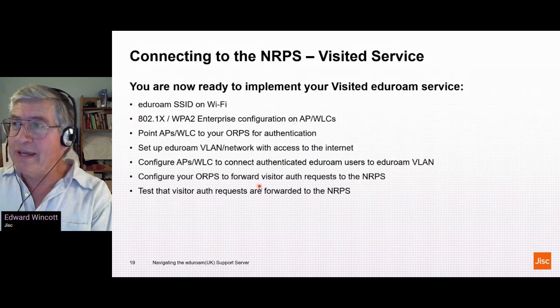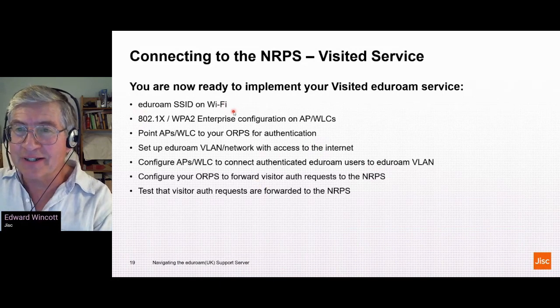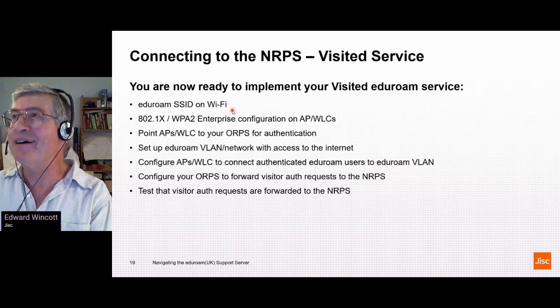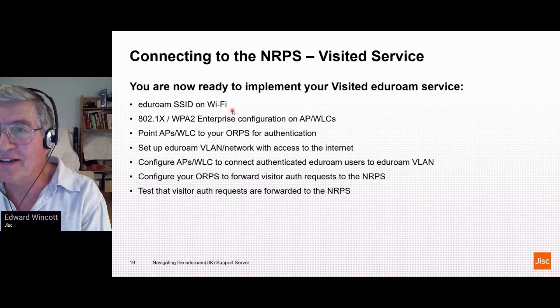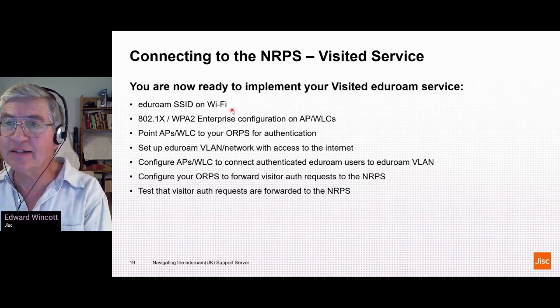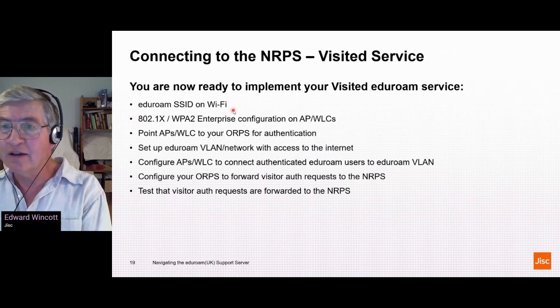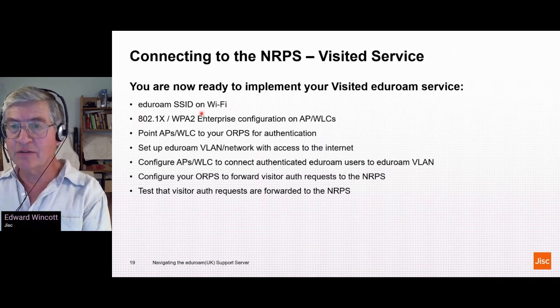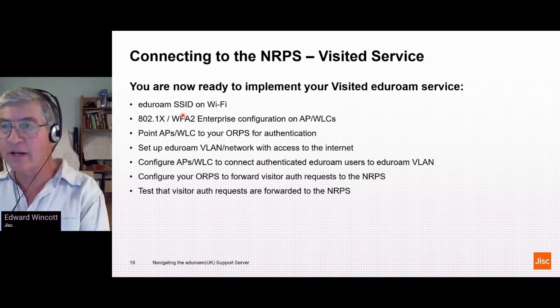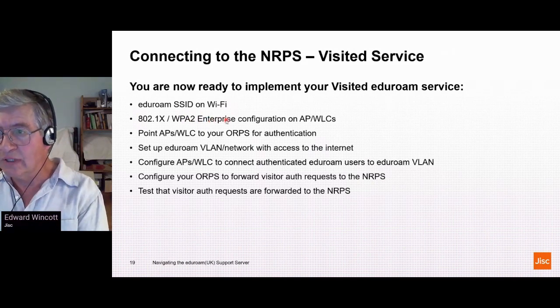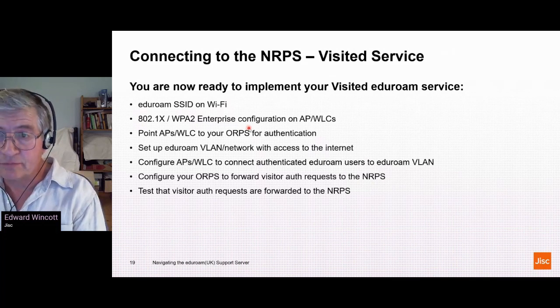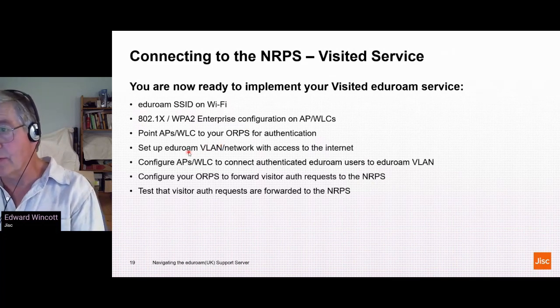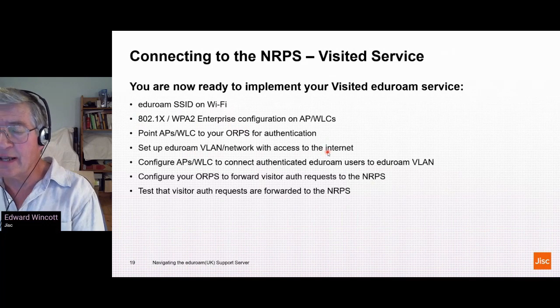Then you will be able to do all the hard work, which is to set up eduroam on your site. So this is the SSID on your Wi-Fi. You need to configure that to support 802.1x. You need to point authentications to your ARPS. You set up your eduroam VLAN on the network with access to the internet.